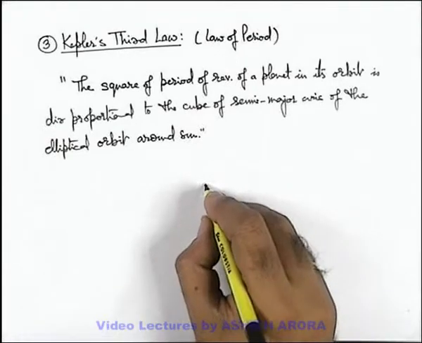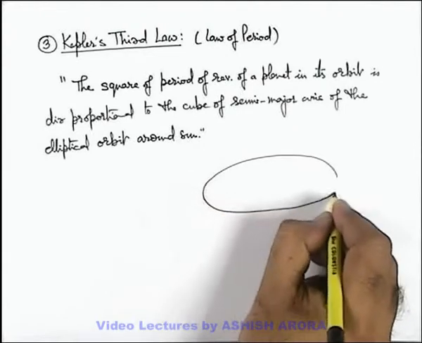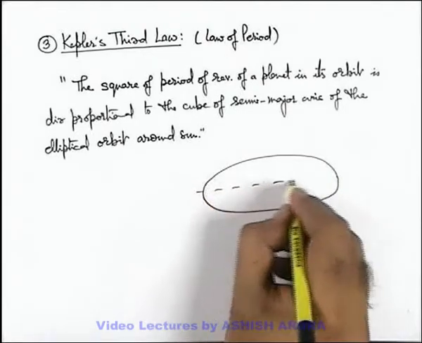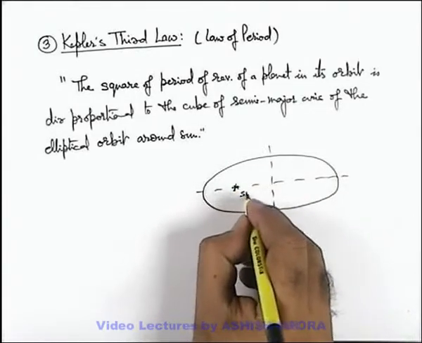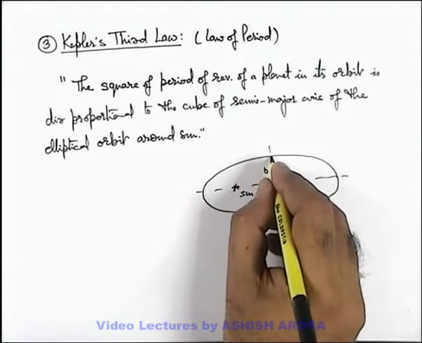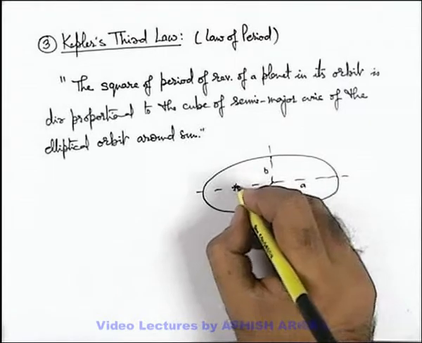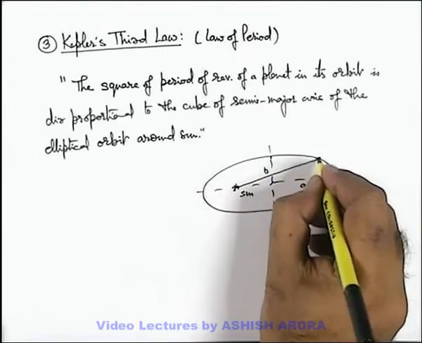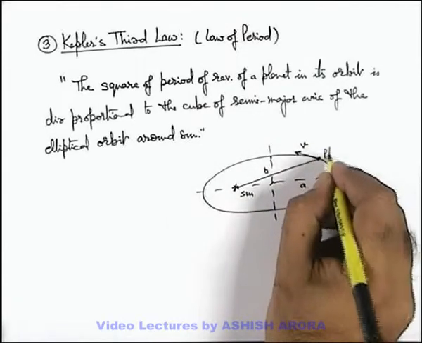We can directly state, if there is an elliptical orbit in which the planet is revolving around the Sun, say if this is the Sun, and say its semi-major axis is a, semi-minor axis of this elliptical orbit is b. Then say this is the location of the planet, which is moving with tangential speed v.